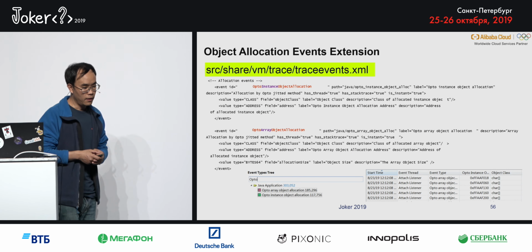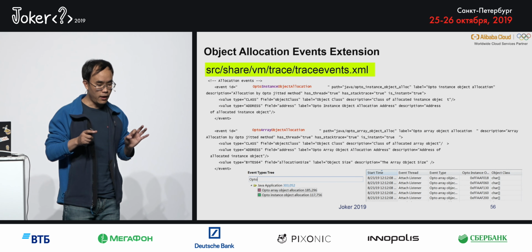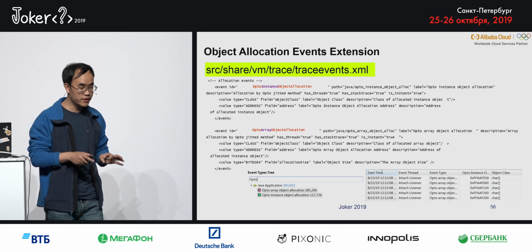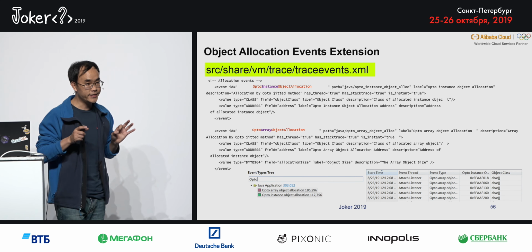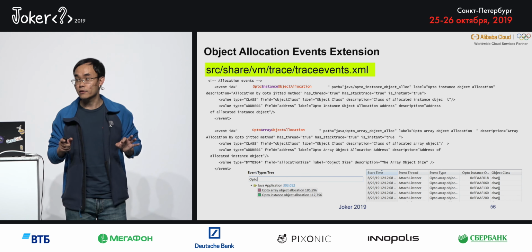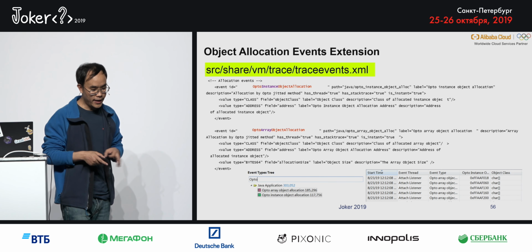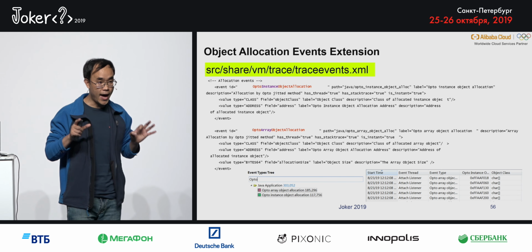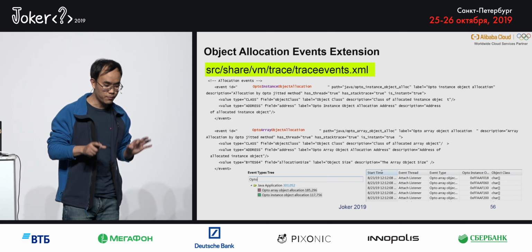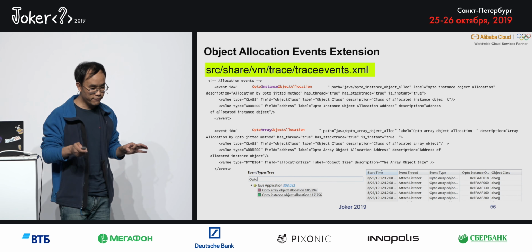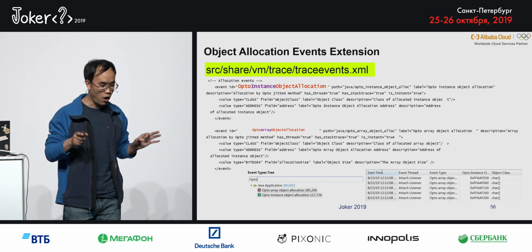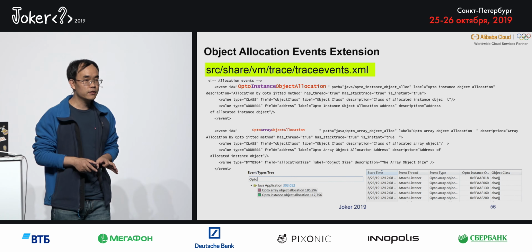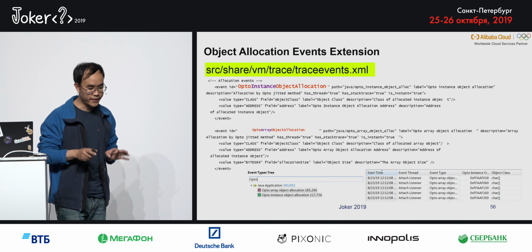So this is the trace event XML file. This file is the place where the JFR events are declared. Maybe you can see we add two events in this XML file. The first event we call instance object allocation, for instance objects.